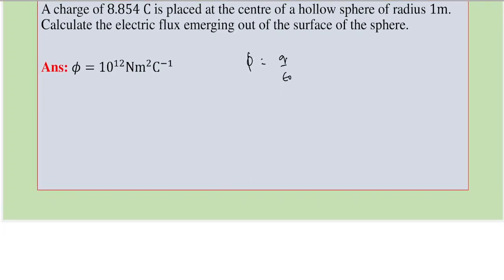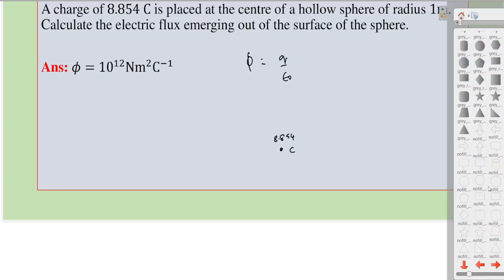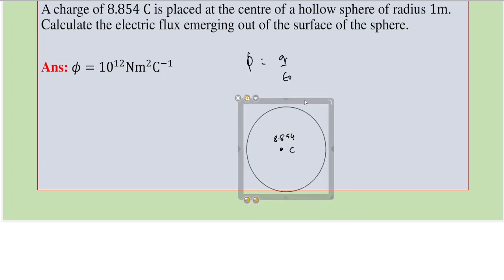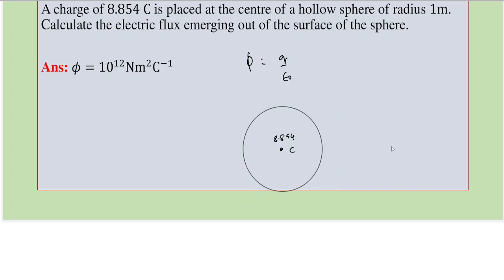The charge is given as 8.85 coulomb, placed in a sphere. Imagine we have a sphere around this point. This distance is given as 1 meter. The question says find the flux.